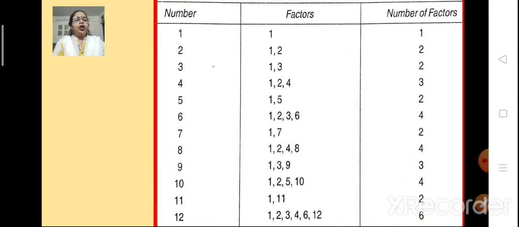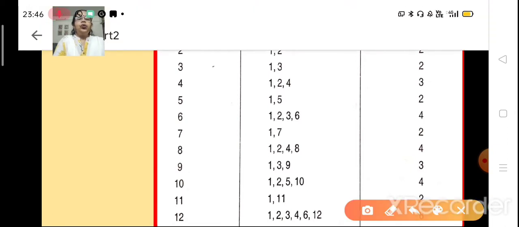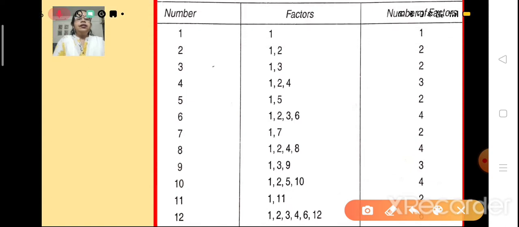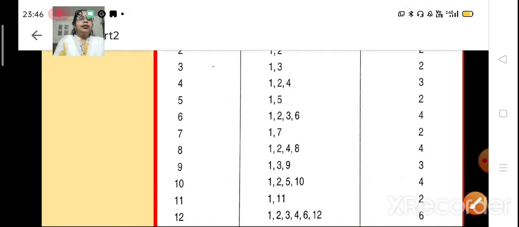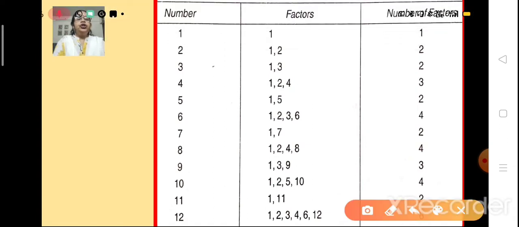Children, do you observe that number 1 has only one factor? In this table, 1 is the only number which has only one factor. Okay? Then there are numbers like 2, 3, 5, 7 and 11.